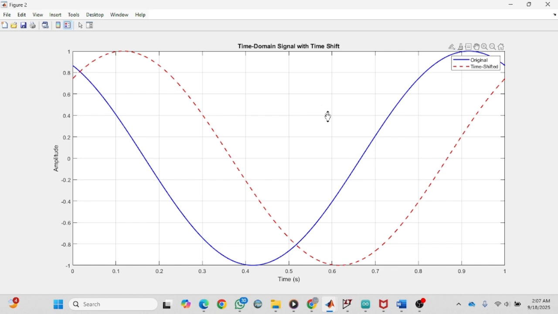Each of them has a magnitude spectrum and a phase spectrum. The magnitude spectrum stays the same, but the phase will be shifted, and that shift is basically controlled by the index of k. Wherever k is will determine the strength of it. Remember, omega naught and td are constants, and you can clearly see the magnitudes are the same.